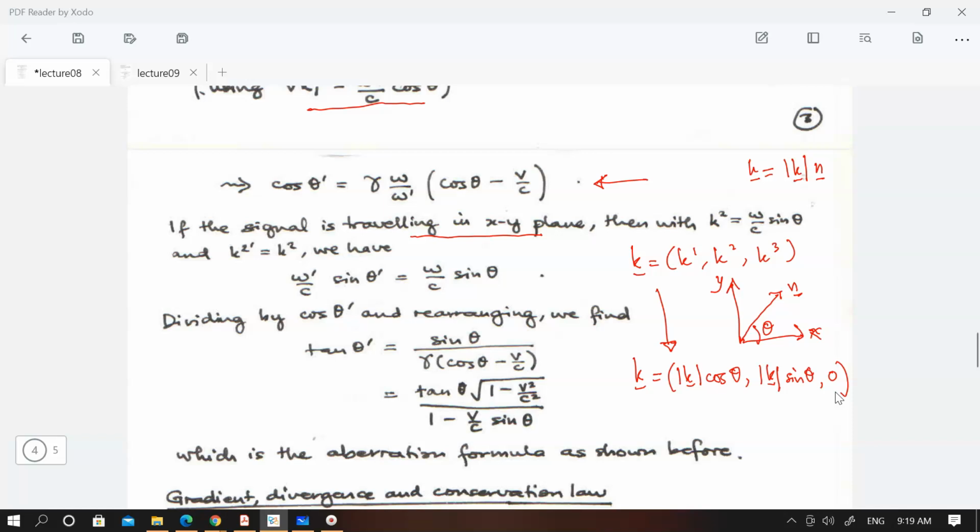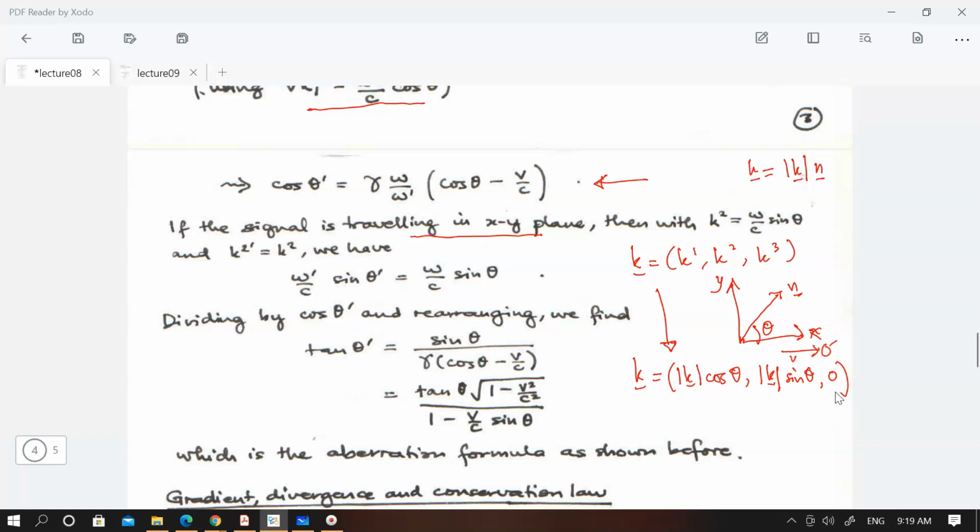And because your y component over here is actually perpendicular to the direction of the frame moving with respect to O, remember that O dash is moving with velocity v here.